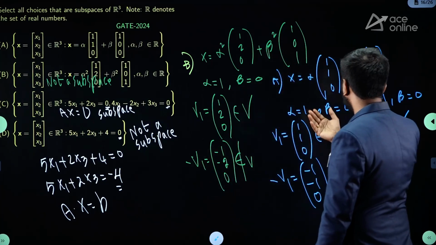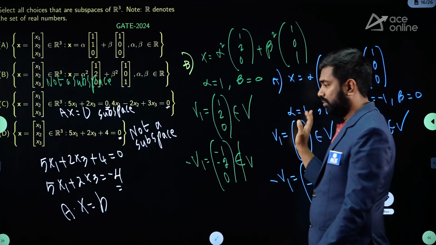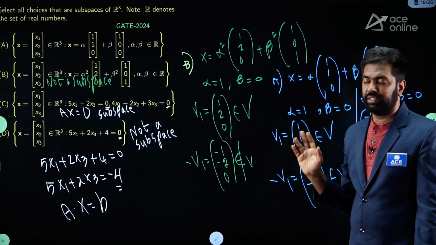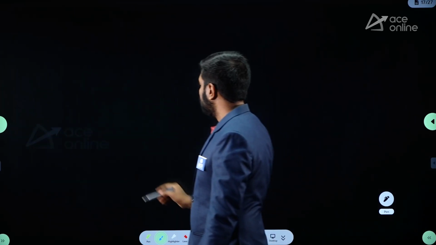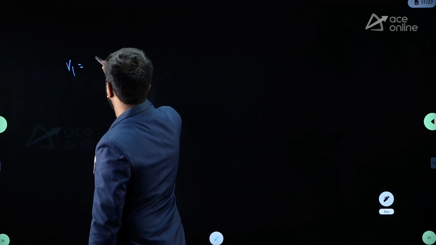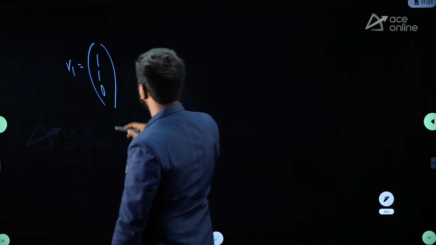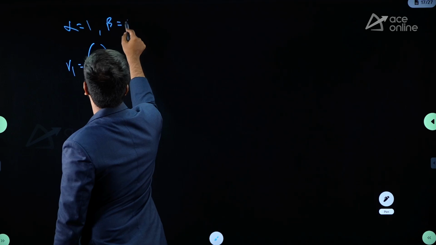So now how can you say? Some people will be saying, sir, in option A, how do you say that V1 plus V2 will also be part of the given set? That is also a very simple thing, students. V1 is already created like this. What is V1? (1, 1, 0), created by taking alpha as 1, beta as 0.